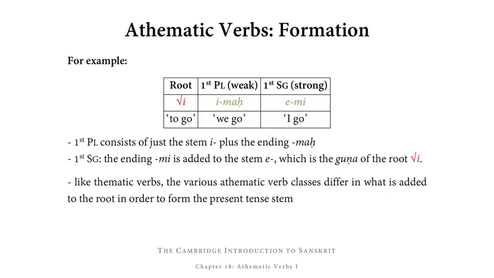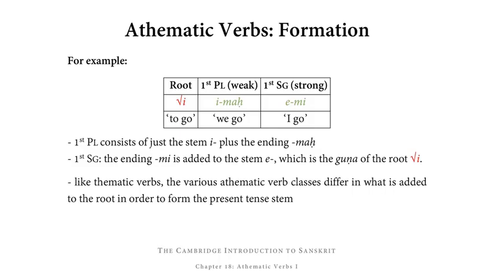So, for example, of the verbal root i, meaning to go, we get the first plural form imaḥ and the first singular form emi. The endings should already be familiar to you, maḥ in the first plural and mi in the first singular. But what's new is what's happening in the stem.